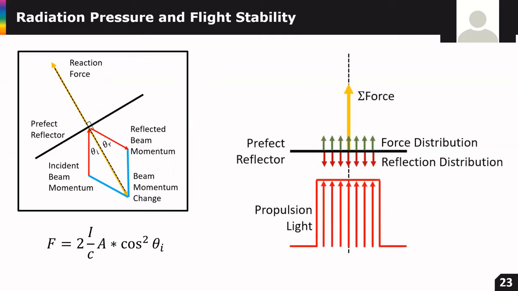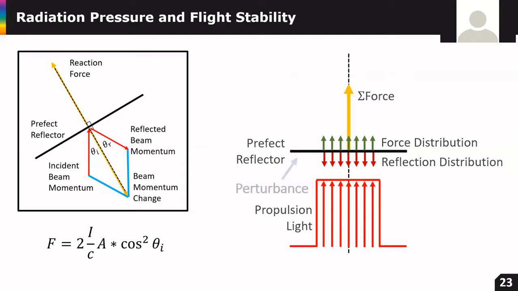This is for one photon on one spot on one flat, perfectly reflective surface. If you have a distribution of rays across the surface, the total force on that surface is the sum of the force distribution, which is the result of the reflection distribution from each of those individual rays. So essentially, we're integrating this equation down on the bottom left across the surface. What I have here is a configuration with a flat top irradiance profile and a flat sail. With the sail perfectly perpendicular to the optical axis with no perturbations, the light accelerates the spacecraft along the optical axis.